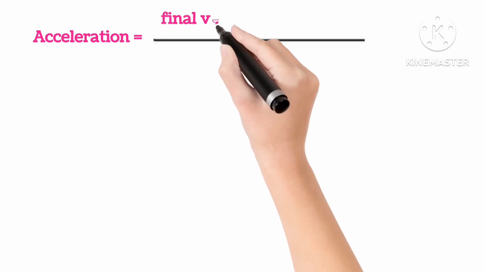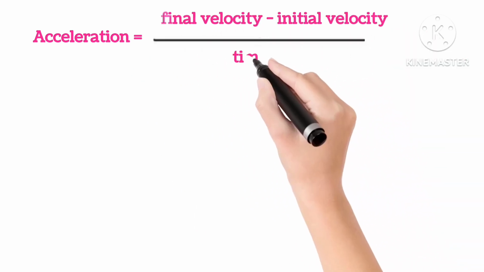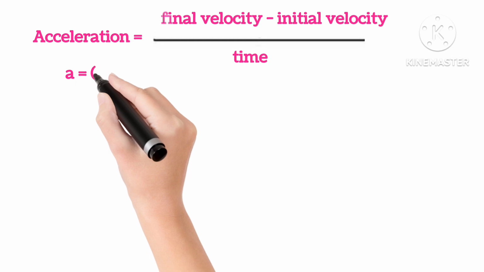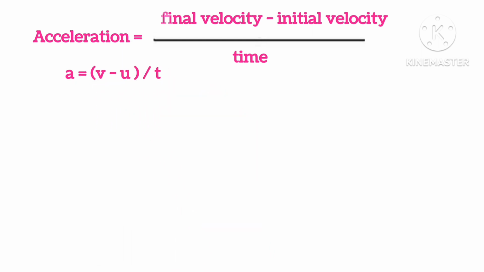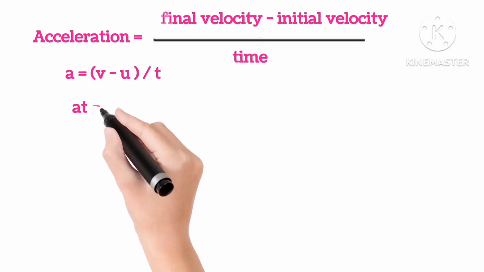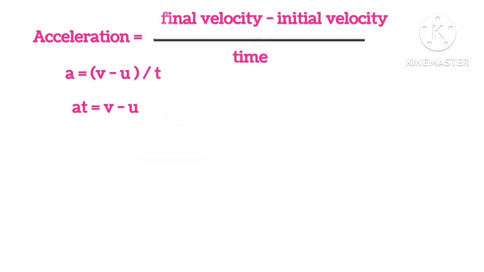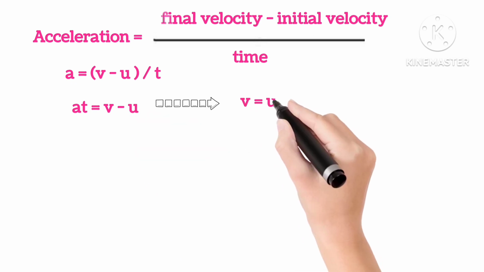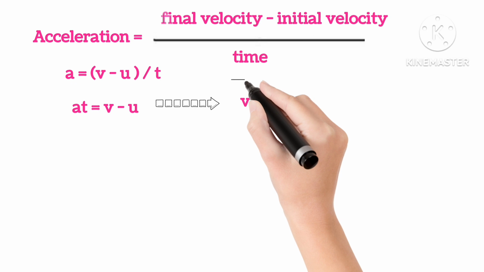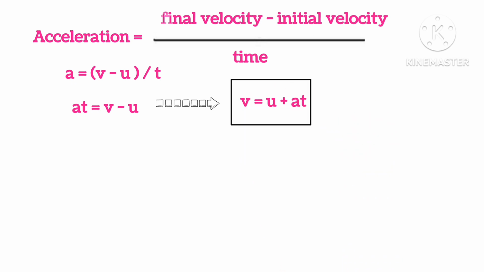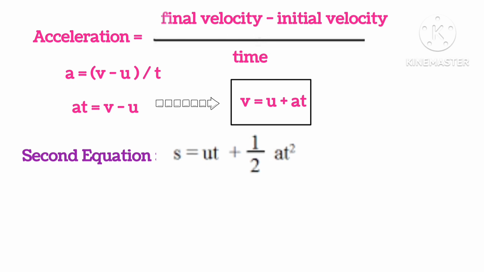So acceleration here will be final minus initial velocity upon time, which is equal to v minus u upon t. It can be written as at is equal to v minus u. So from this we get v is equal to u plus at. That's our first equation.